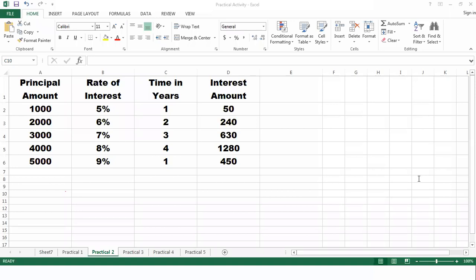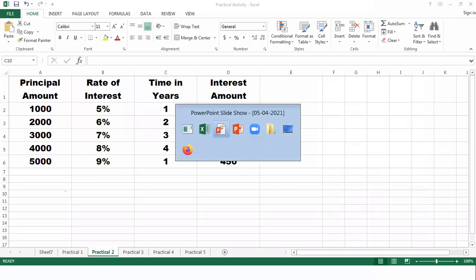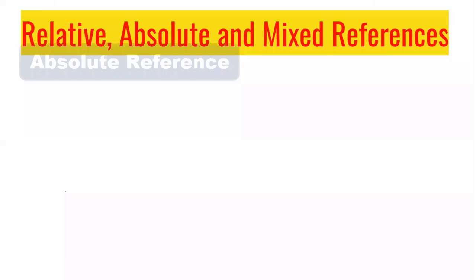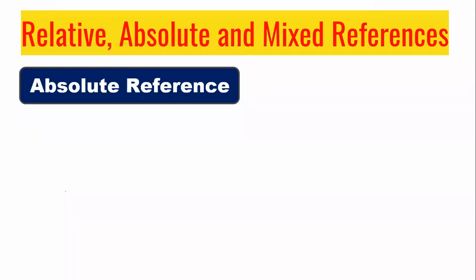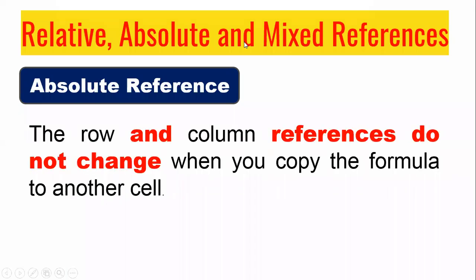Great. Okay. After that, my dear respected student, we are again switching to the presentation section. The next part is called the absolute reference. In relative, the addresses of the cells change, but in the case of absolute reference, kindly concentrate, it says the row and column references do not change.